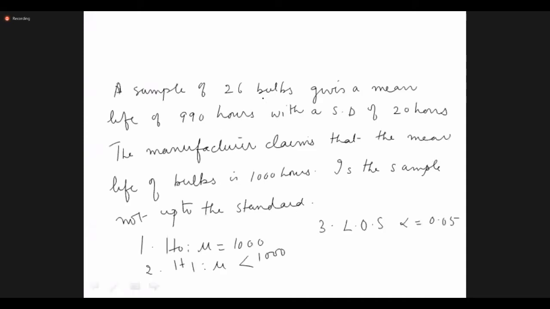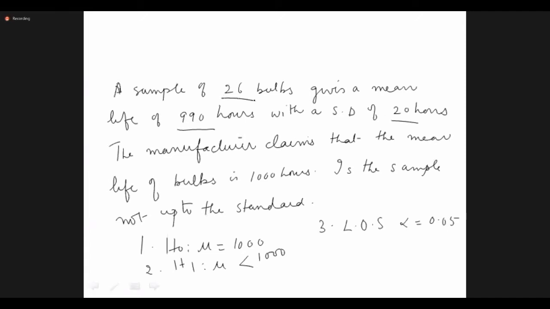So test statistic. T is equal to X bar minus mu by S by root n minus 1. X bar given in the problem is 990, and standard deviation is 20.